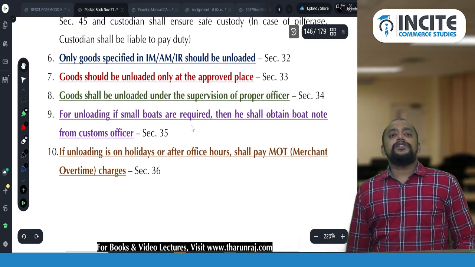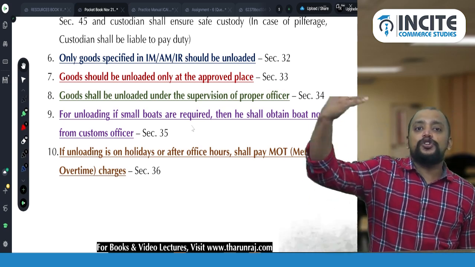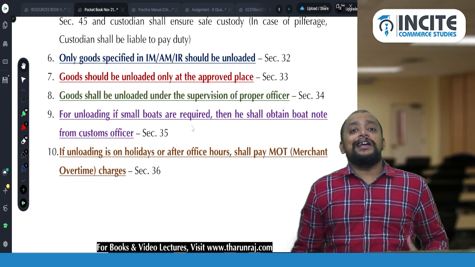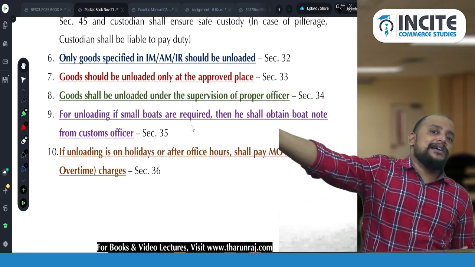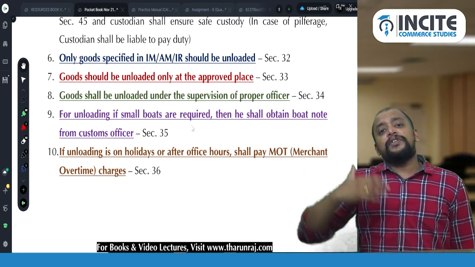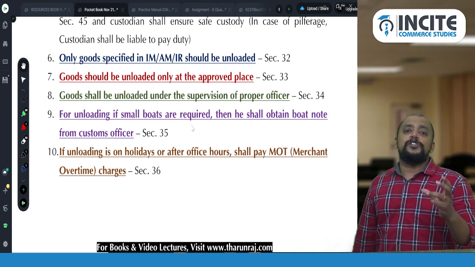Suppose the goods are to be unloaded and need to be transported from the ship to the shore. Sometimes the ship will be anchored somewhere at an outer anchorage because the big ship cannot enter into the port. Then from the ship to the port, they will be transporting goods through small boats.